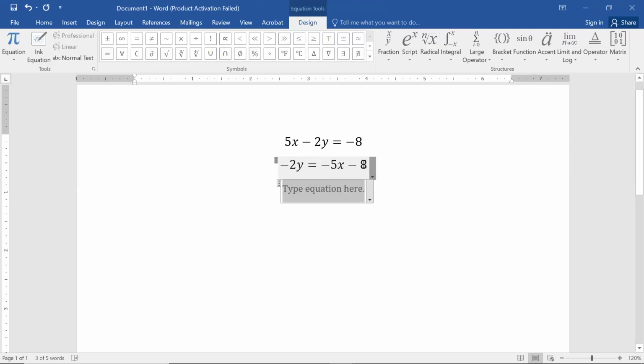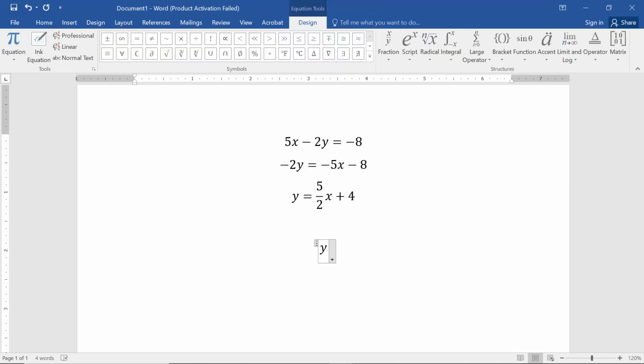Then I would have to divide both sides by -2. On the left-hand side, dividing by -2 would give me a y. On the right-hand side, when I divide by -2, -5 over -2 would be a positive 5 over 2 x. -8 divided by -2 gives me a plus 4.